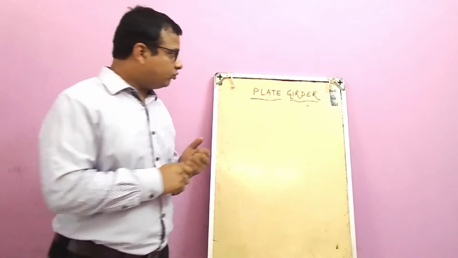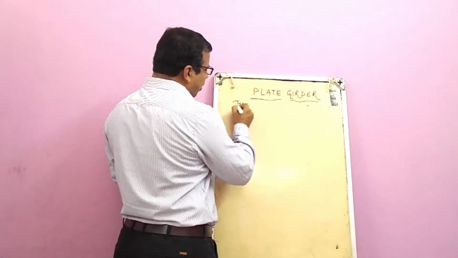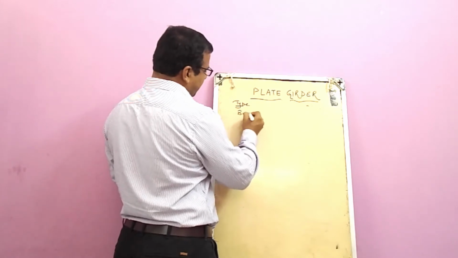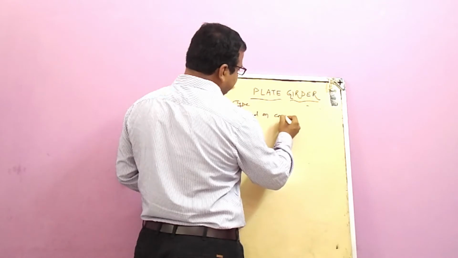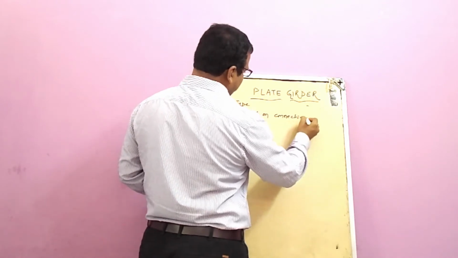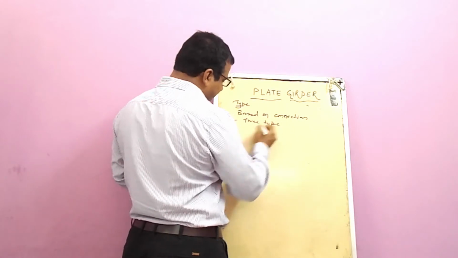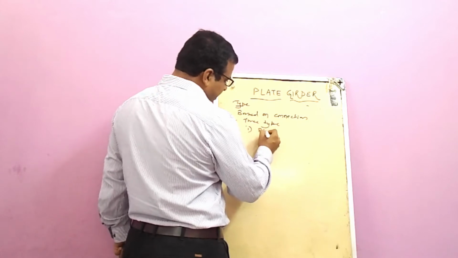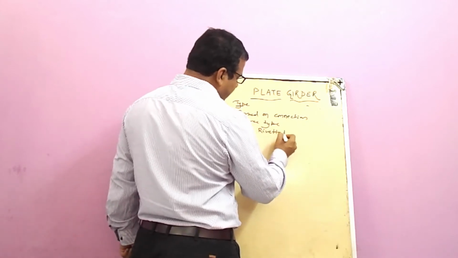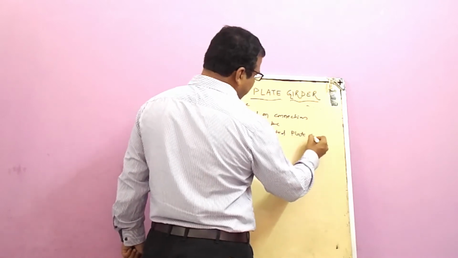Now, types. Based on the connections, there are three types. First is the riveted plate girder.